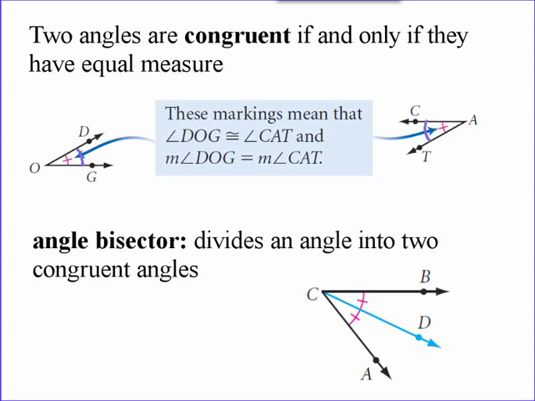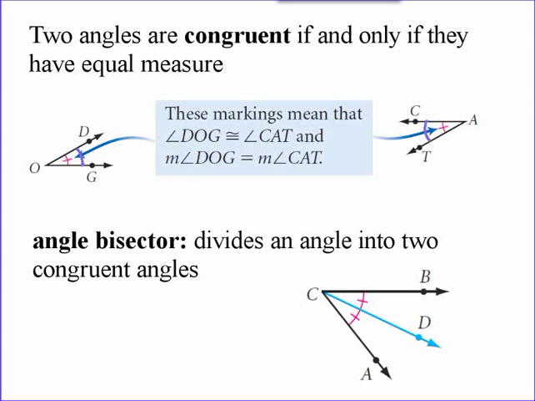An angle bisector is to an angle as what is to a segment? Midpoint. Very good. A midpoint cuts a segment into two congruent parts, just as the angle bisector does with the angle.